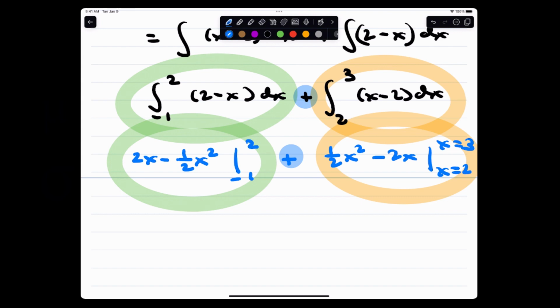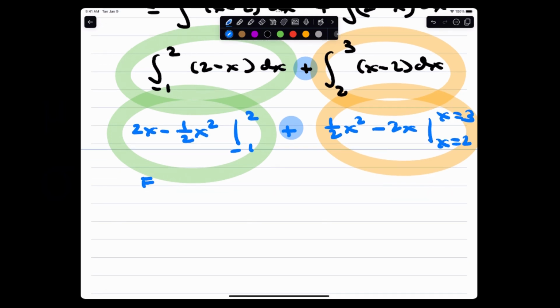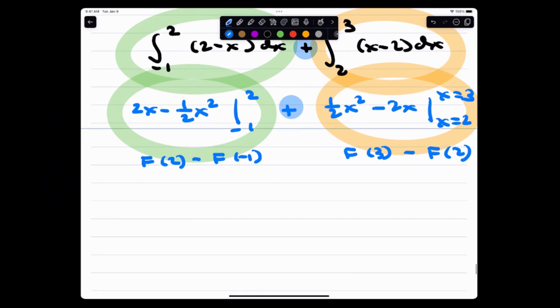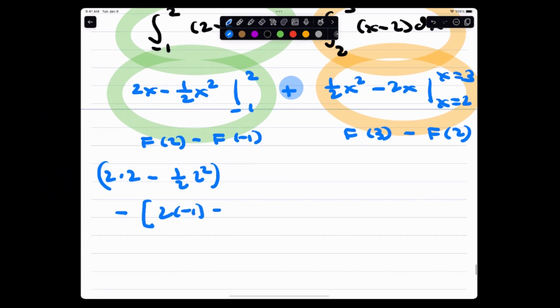Okay, you guys okay with that? Just be careful with your what? F of 2 minus f of -1. Over here, this will be f of 3 minus f of 2, and they're different f's. These guys, they're different antiderivatives. So, okay, 2 times 2 minus 1/2 2 squared here. Minus, be very careful, 2 times -1 minus 1/2 -1 squared.